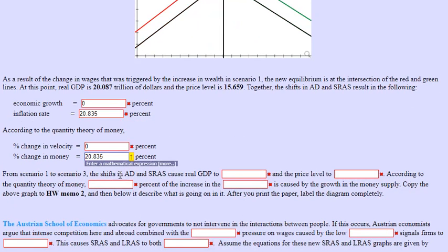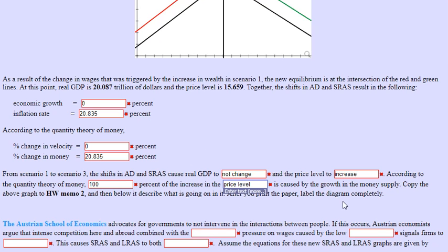From scenario 1 to scenario 3, the shifts in aggregate demand and short-run aggregate supply cause real GDP to increase and, to not change. Sorry, not change. And the price level to increase. According to the quantitative theory of money, 100% of the increase in the price level is caused by the growth in the money supply.